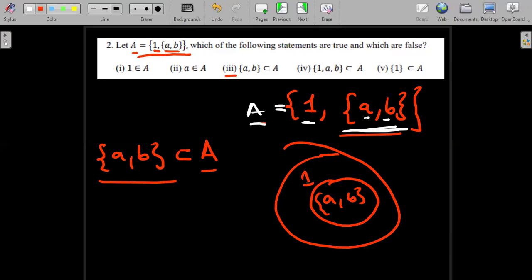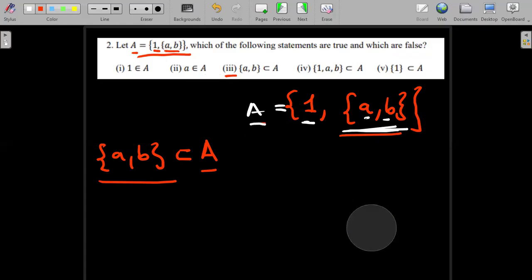So just for you to have a pictorial diagram, not to say that this is how it's done, but just to have a picture of what is going on: this here is contained in the set A, and thus it's going to be a subset of that set there. So this entire set here qualifies to be a subset of the set A. So this here is going to be true.